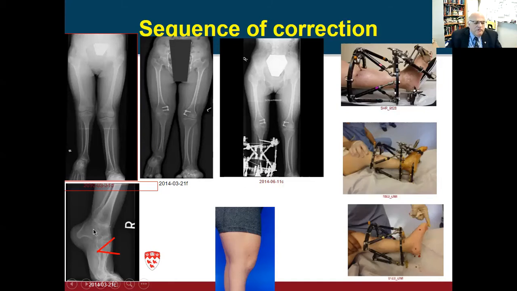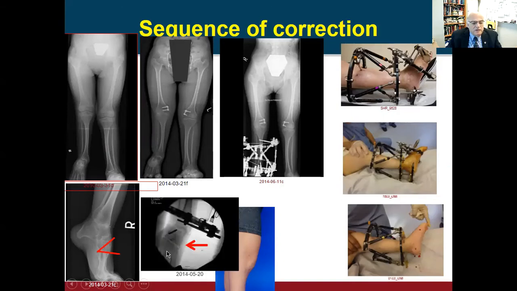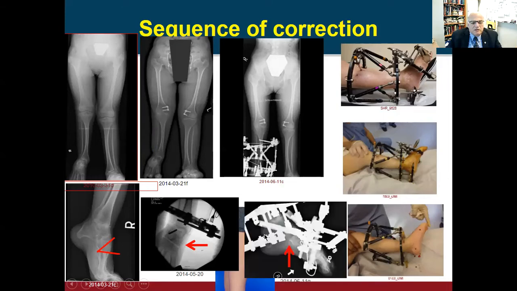Then we have the severe equinus deformity on the right side that needs to be corrected also at the same time as you lengthen the tibia. In that case, it was decided to proceed with a gradual correction so as not to resect a large amount of bone. Midfoot osteotomy was performed, and then application of a standard Ilizarov fixator and correction through the osteotomy.